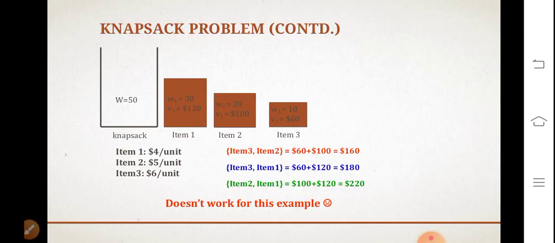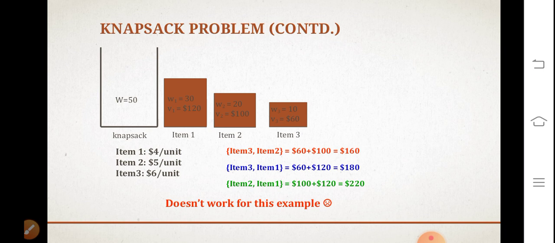Next, as I said, another example. Here the maximum capacity of the knapsack is 50, and for item 1, item 2, item 3 the values are 120, 100 and 60, and the weights are 30, 20 and 10. The capacity of the knapsack is 50, so we can put 20 and 30, and 30 plus 20 is 50.